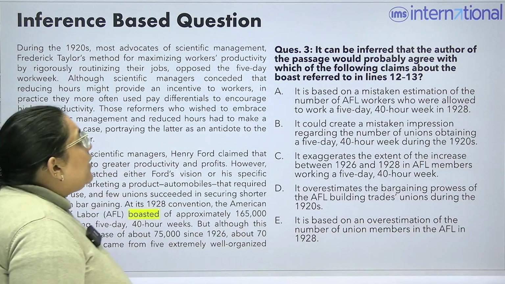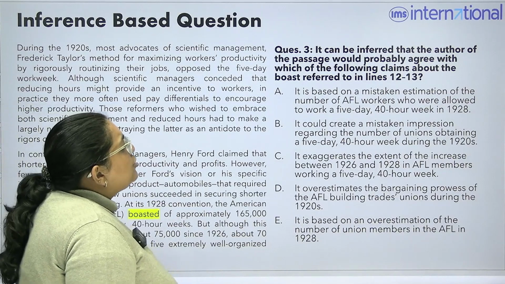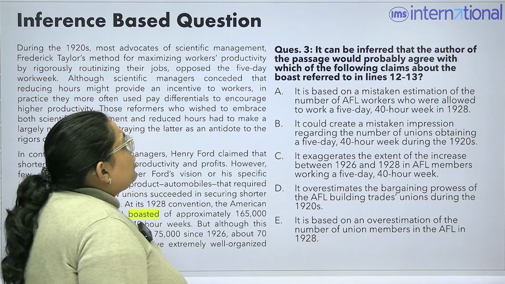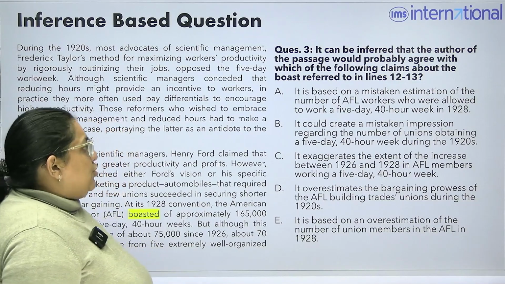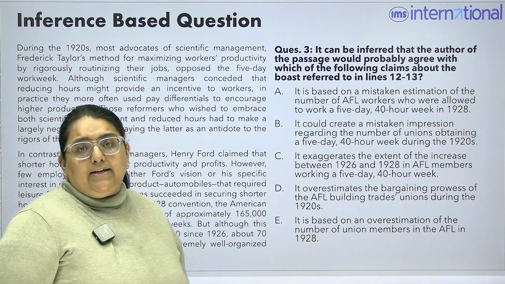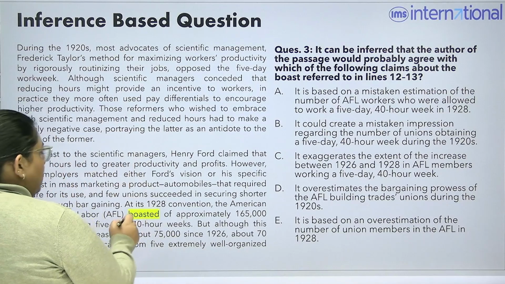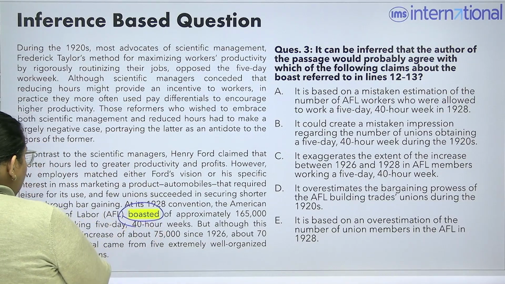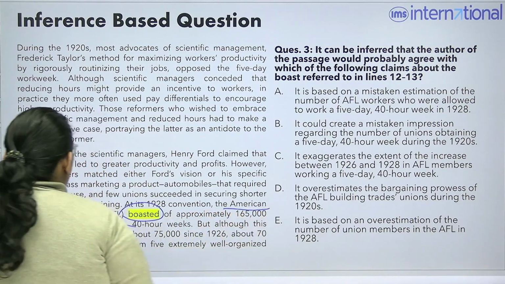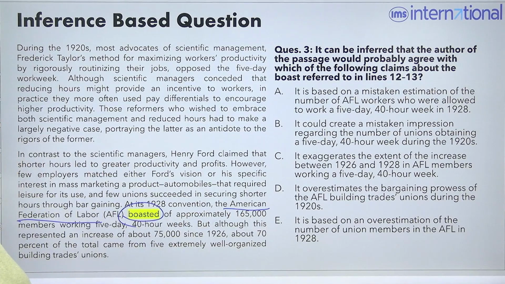It can be inferred that the author of the passage would most probably agree with which of the following claims about the boast referred to in lines 12 and 13. So what was the boast? Who was boasting? The AFL. So what has the author written about this boast?